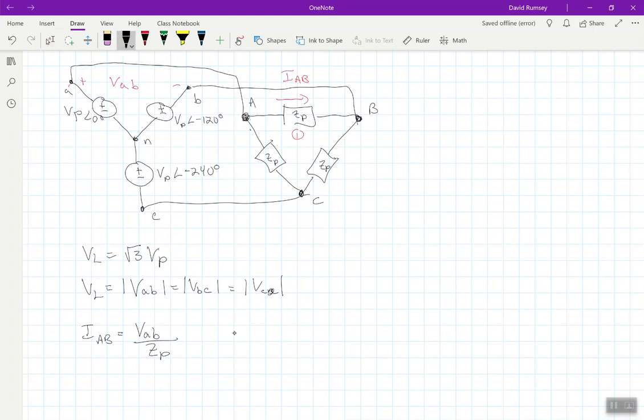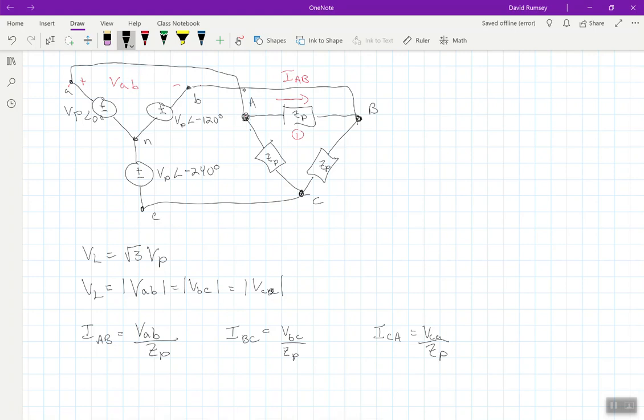And then we can compute IBC by VBC over ZP, and ICA is VCA over ZP. And you might say, how is this an advantage to me here?